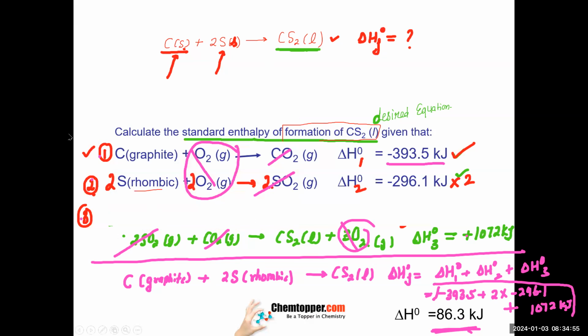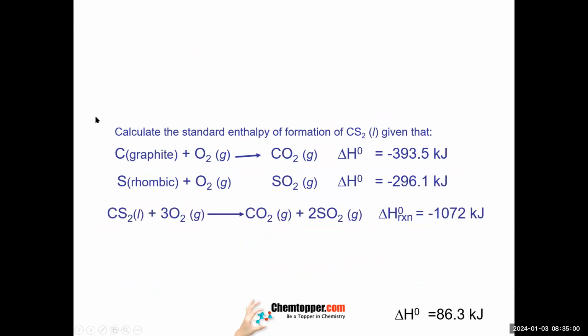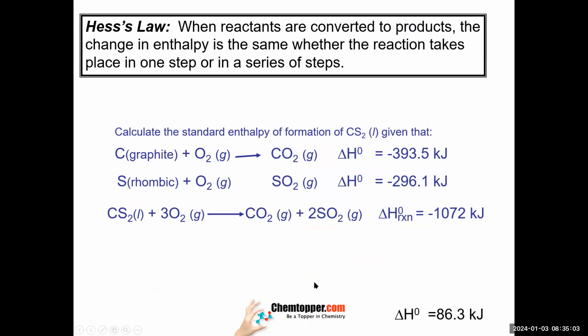Okay, children. Now, this is one way of doing the question, where you calculate the answer. But in many questions, they don't ask for answers. In multiple choice questions, MCQs, this is 1, this is 2, this is 3. You know this, right? And your desired equation was C plus 2 sulfur solid giving you CS2 liquid.